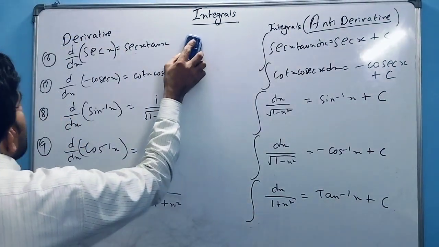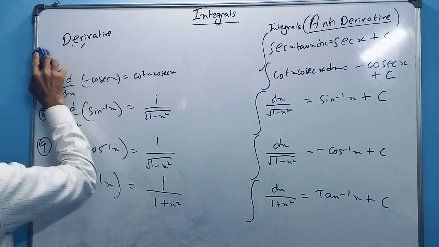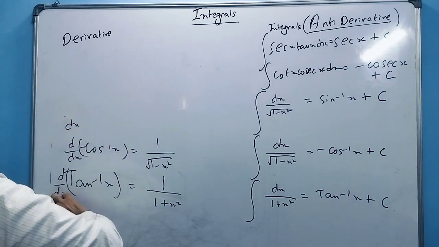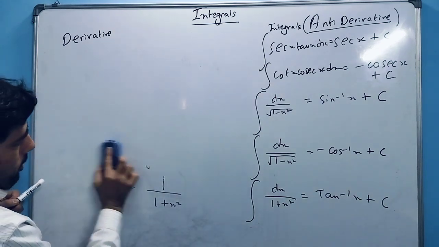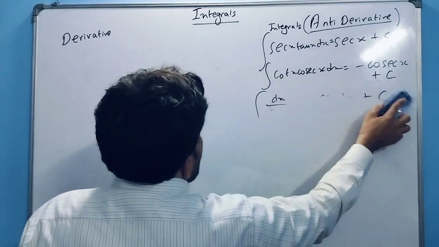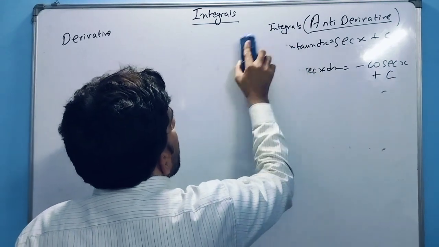Okay, so let us see. But before that, let us try to write more formulas. We have written here only 10. 10 are very less. So let us move to the next one.